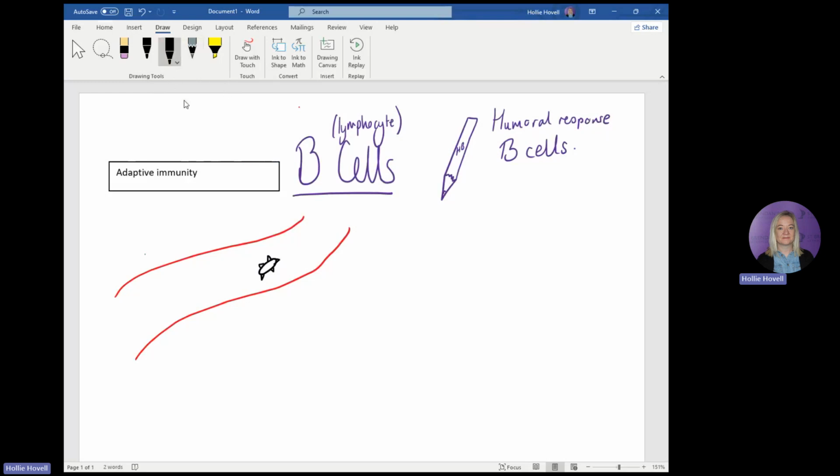Now, also going around in your body fluid, you've got lots and lots of B cells. Now, your B cells, you actually have loads and loads and loads of different types because they each have different shaped receptors on their surface.